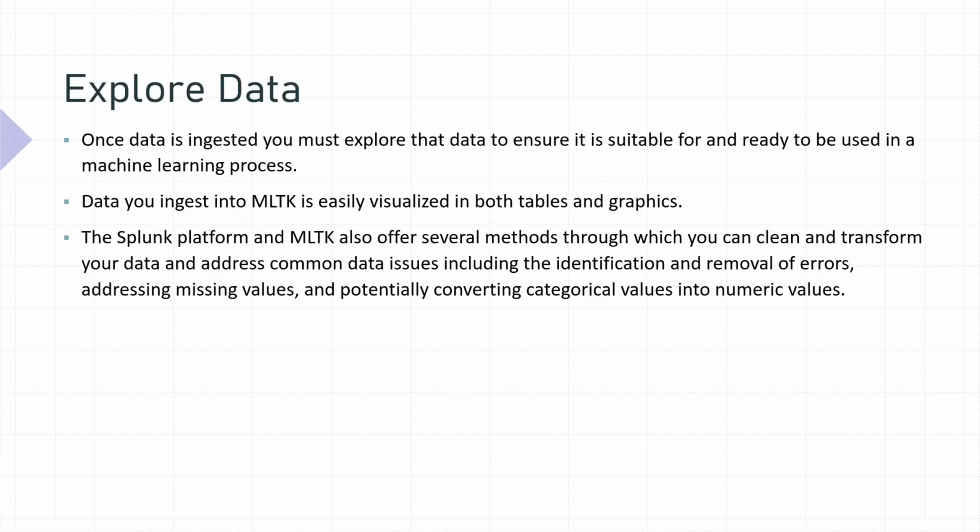Math doesn't really work on strings. Again, I'm just going to say it. These are statistical mathematical models. Math works on numbers. And thereby, the more you can get your stuff into numbers, the better your models are going to work. And some of your models just won't work if you don't supply them numbers. Splunk has capabilities built in to help you convert some of that stuff. So there's another benefit there.